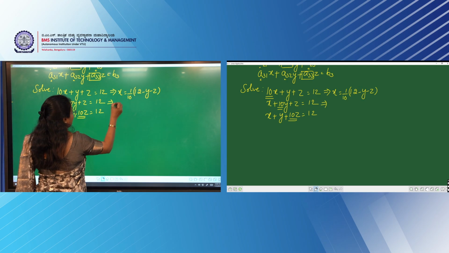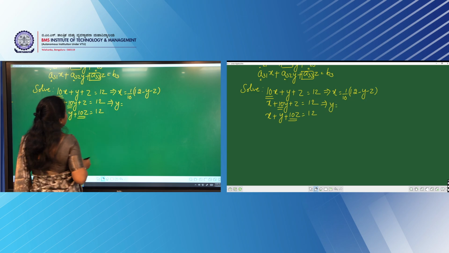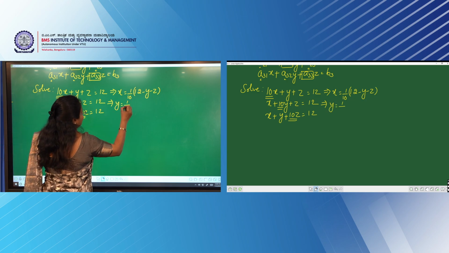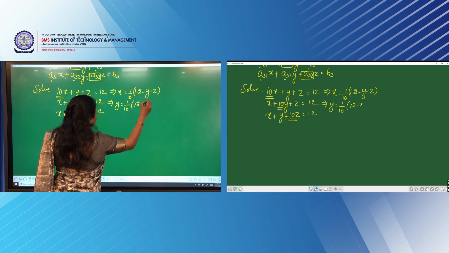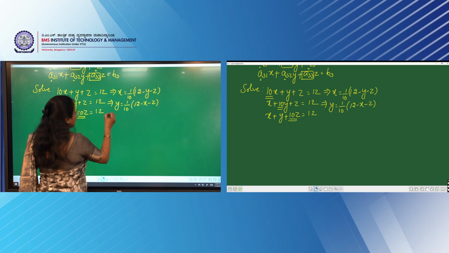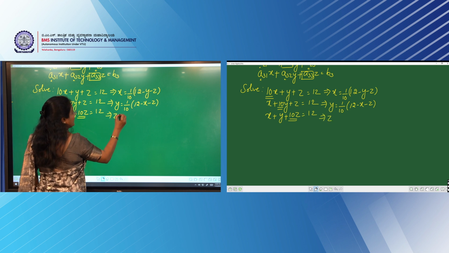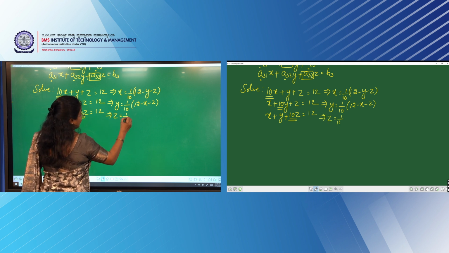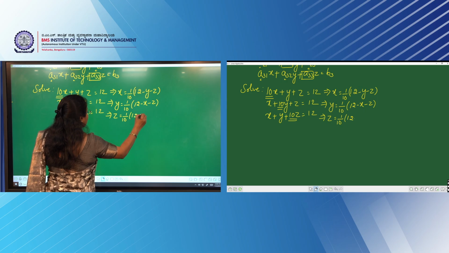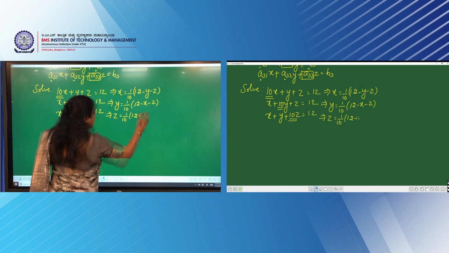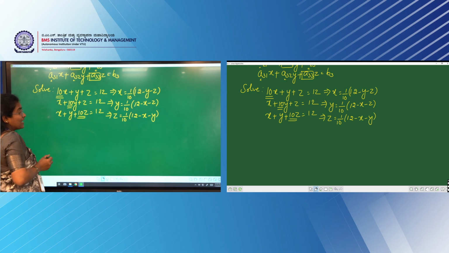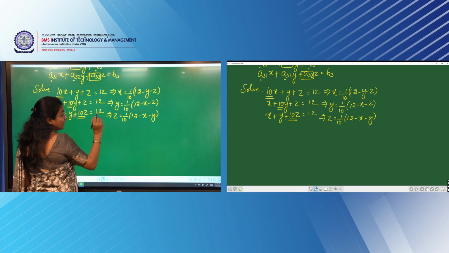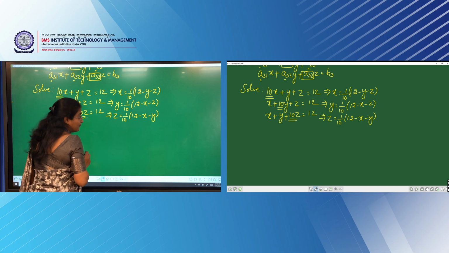In the same way, for the second equation we write for y: 1 by 10 into 12 minus x minus z. For the third equation we write for z: 1 by 10, 12 minus x minus y. So this is how we rewrite the equations from the given problem.